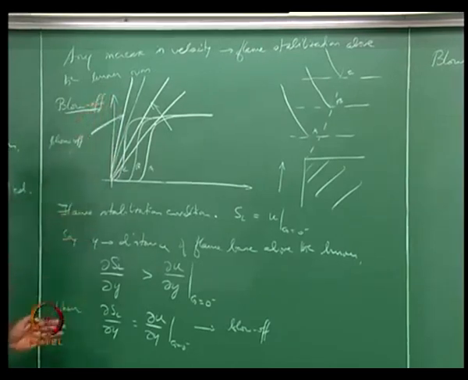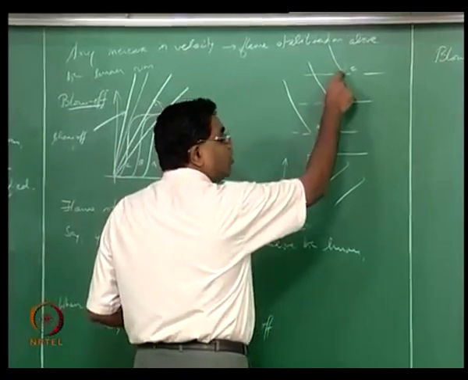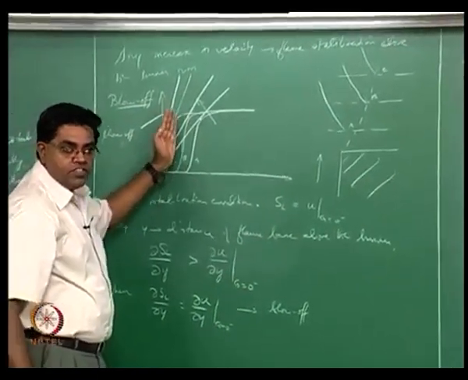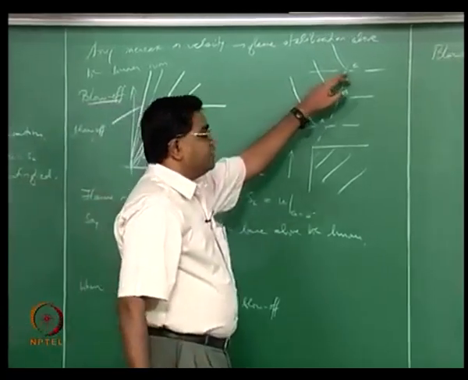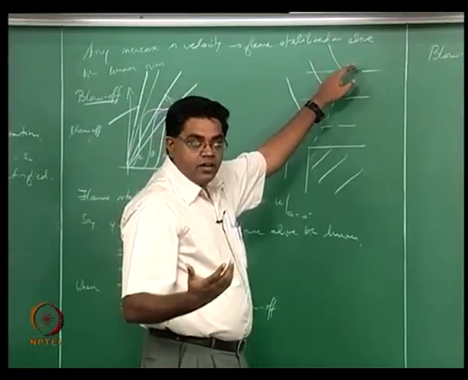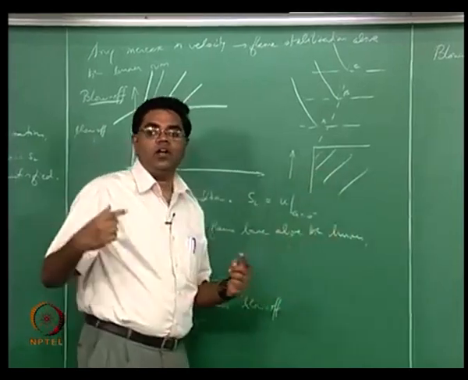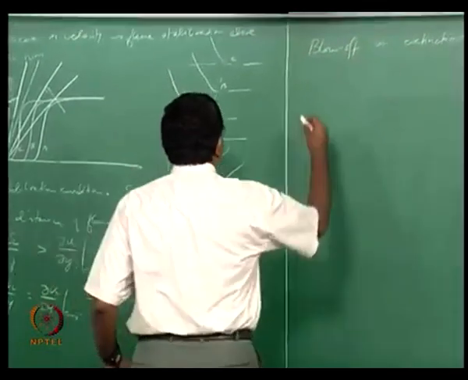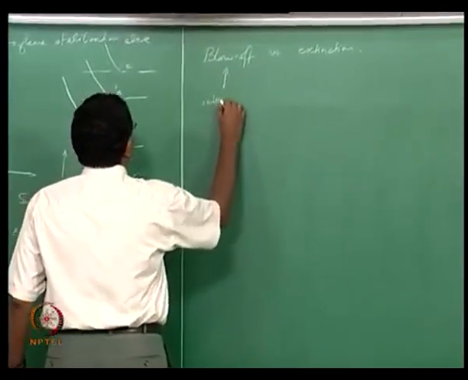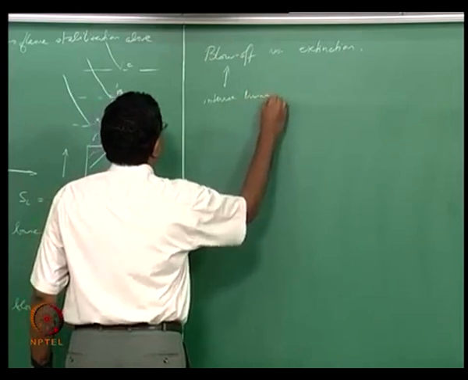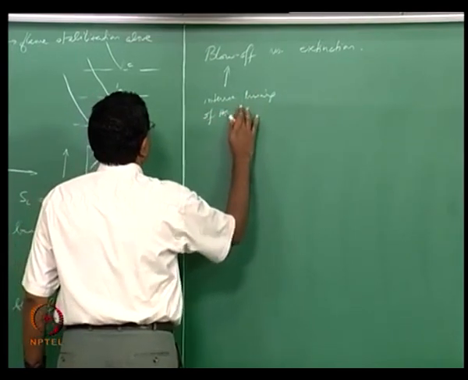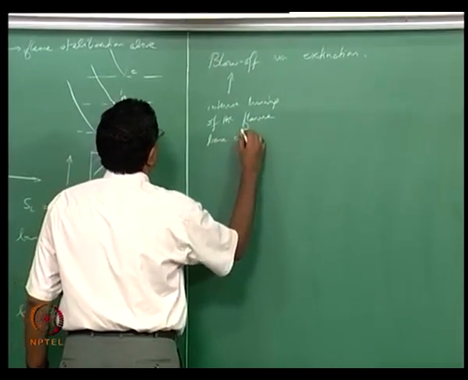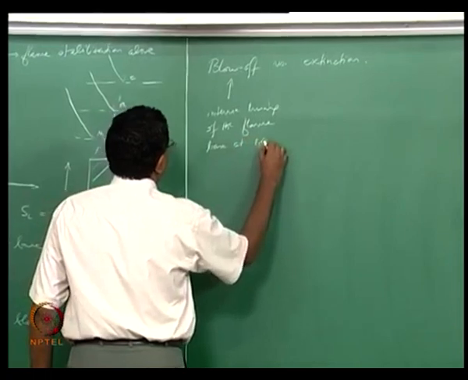This basically shows that when you're now getting closer to a blow off condition, which is corresponding to the curve C, the SL is actually pretty high, and you're having a fairly intense burning of the flame base at blow off. Okay, so blow off is a situation of intense burning of the flame base at blow off.